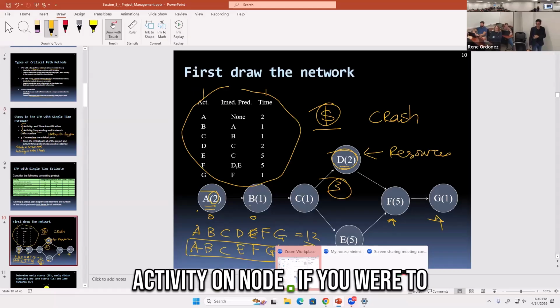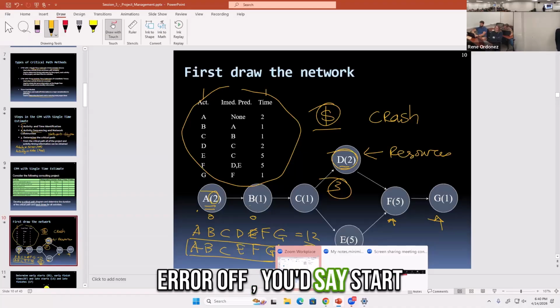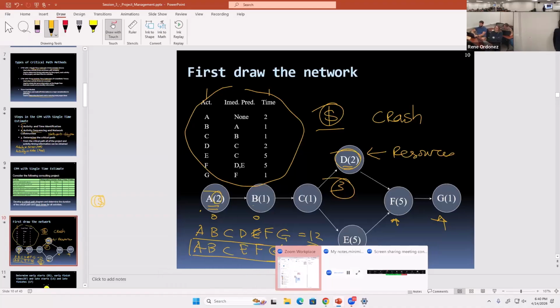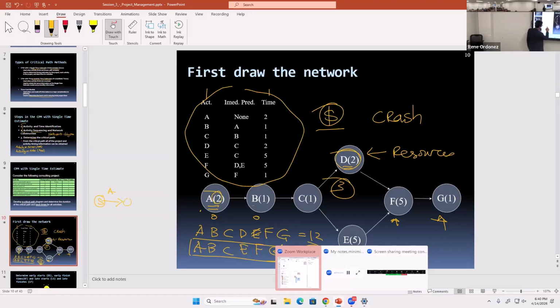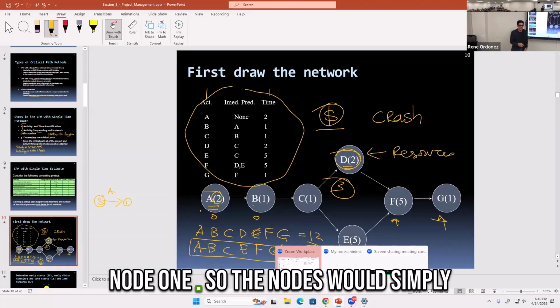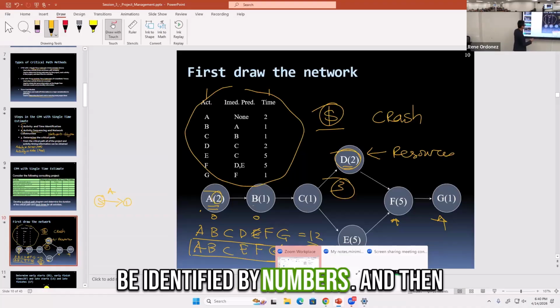Activity on node. If you were to represent this in activity on arrow, you'd say start, activity A, node 1. So the nodes will simply be identified by numbers.